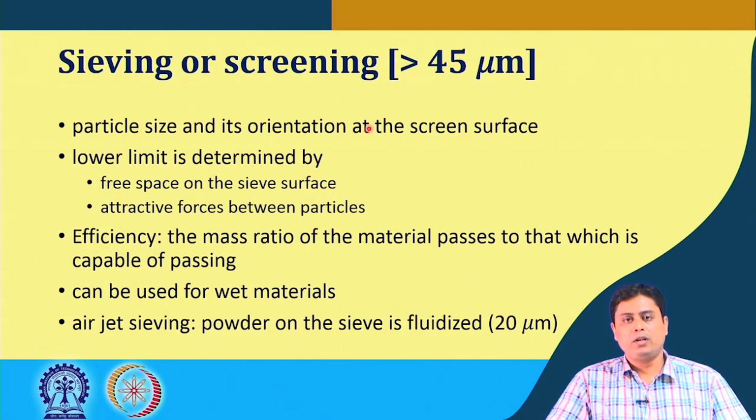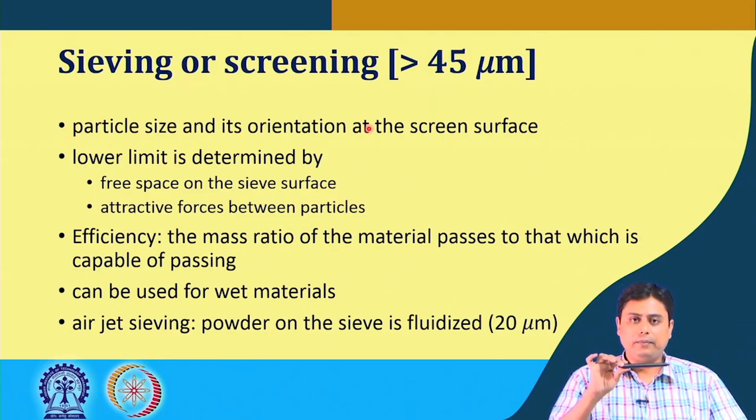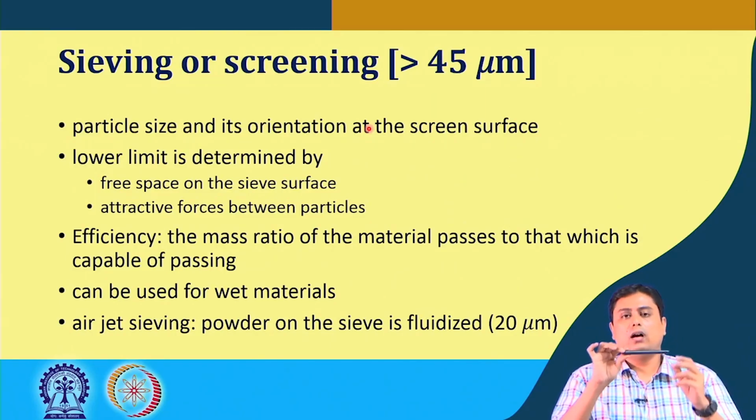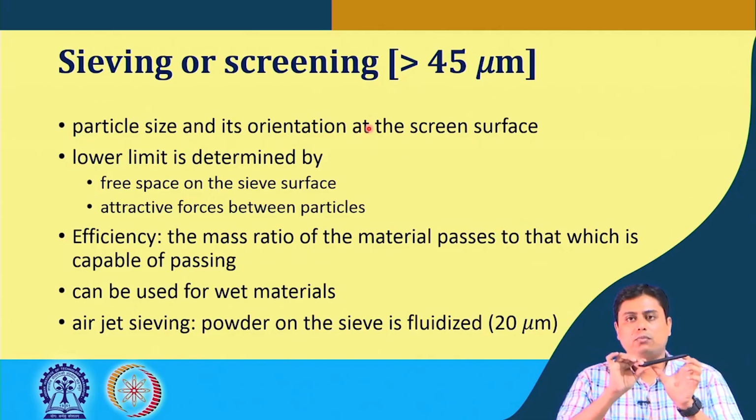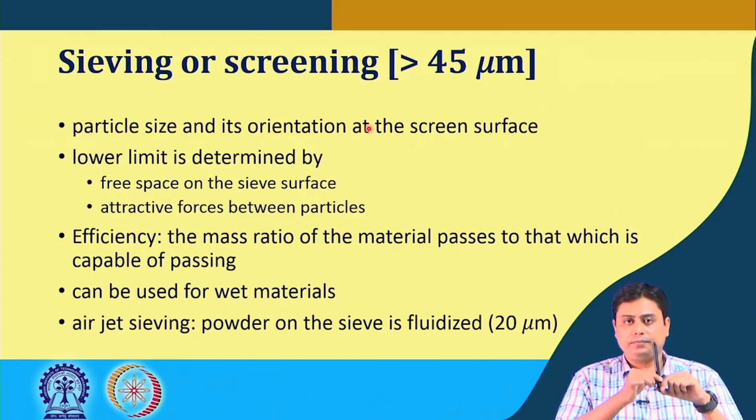Let us take the example of this pen. If it falls like this on a screen whose aperture has a linear dimension smaller than this one, it will be retained on the screen, but if it falls in this direction, vertically, it can easily pass through such an aperture.